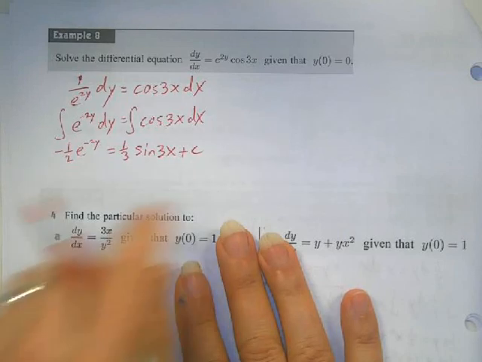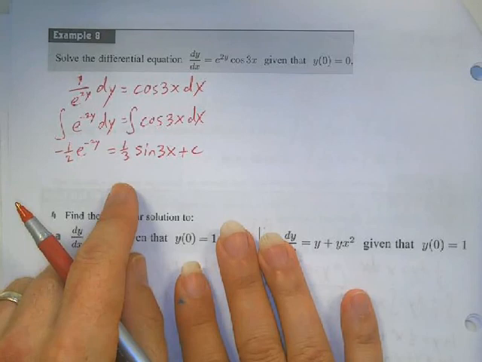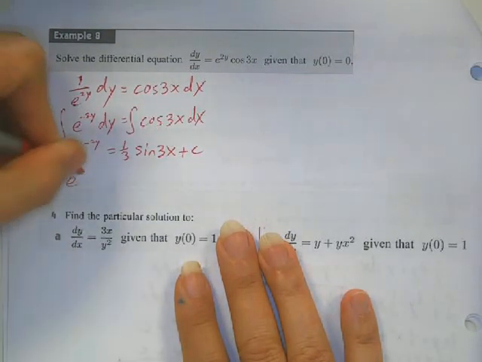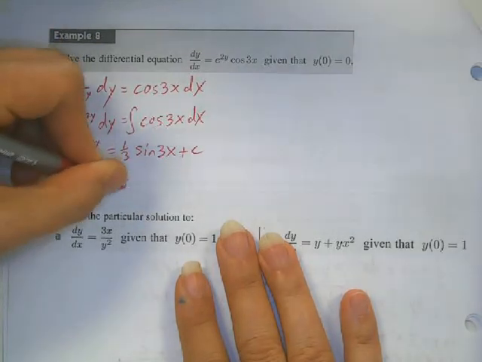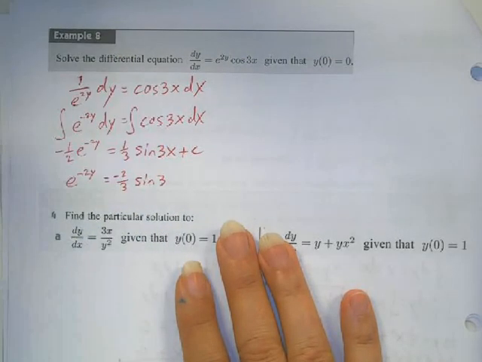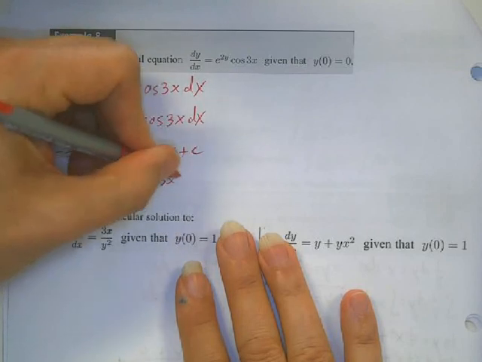Now we're going to multiply both sides by negative 2, and then I have e to the negative 2y equals negative 2/3 sine 3x plus c.